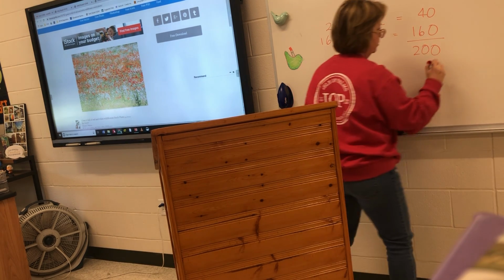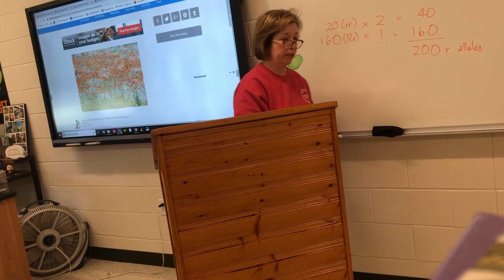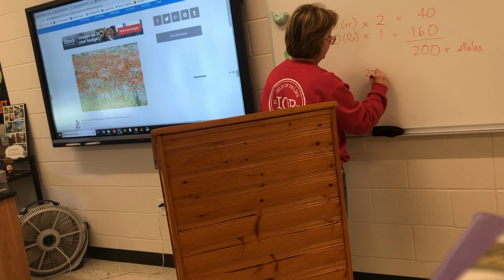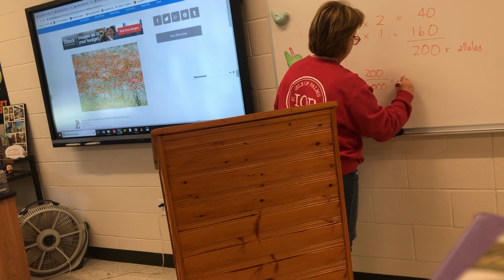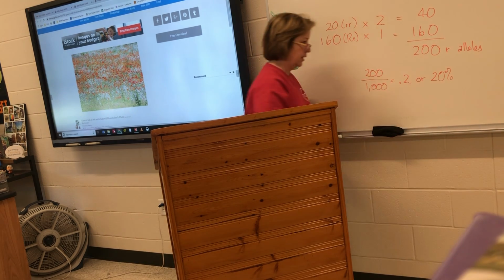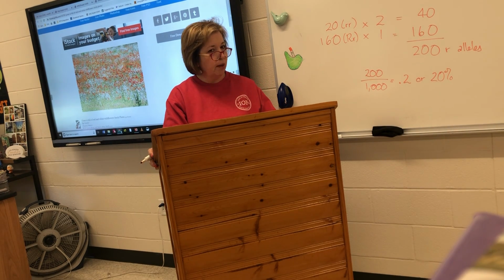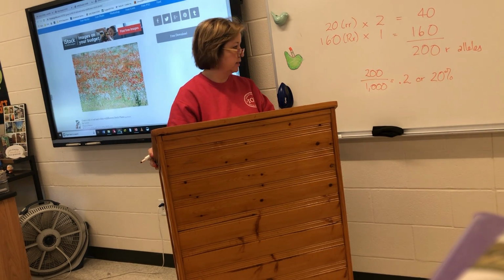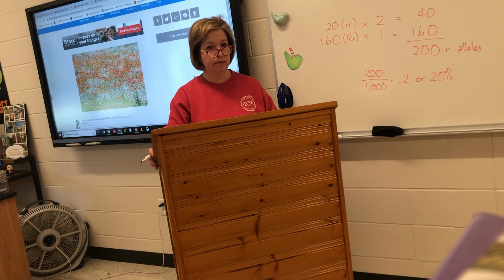Therefore, 200 little r alleles in our gene pool, and so mathematically, our allele frequency for the little r allele is 20% or 0.2. You probably figured out already that the two allele frequencies have to add up to 100%. So if you know one, you can automatically subtract and figure out the other.